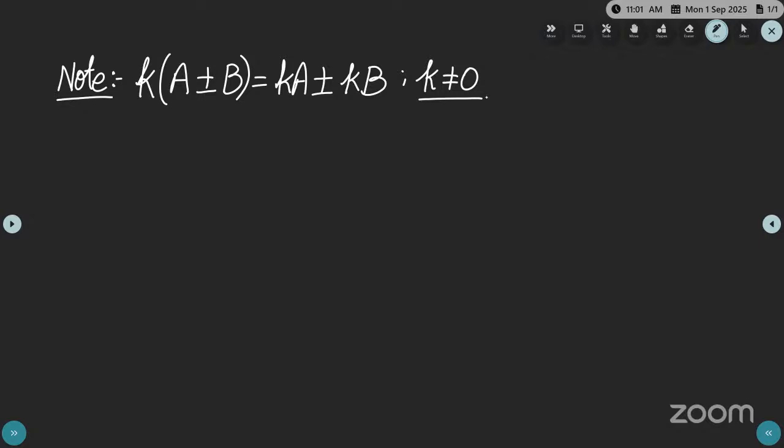So we have done addition, subtraction, and scalar multiplication.